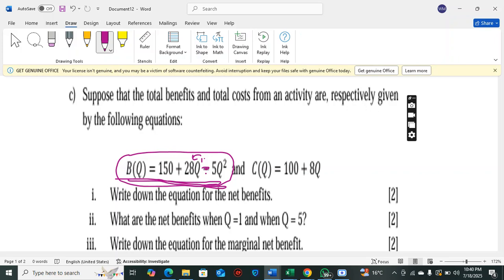Then this one also, derive this one. This one is 28 minus 10Q. That's the marginal benefit.